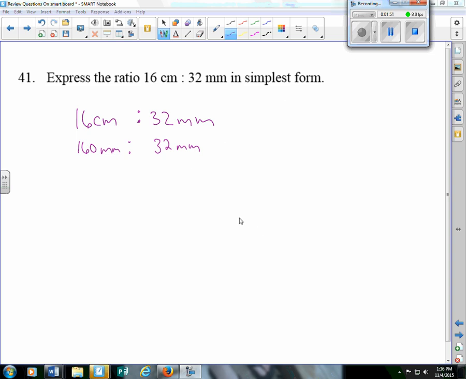What we could do then is take both these numbers and divide them by 16. So 160 divided by 16 is 10, and 32 divided by 16 is 2.